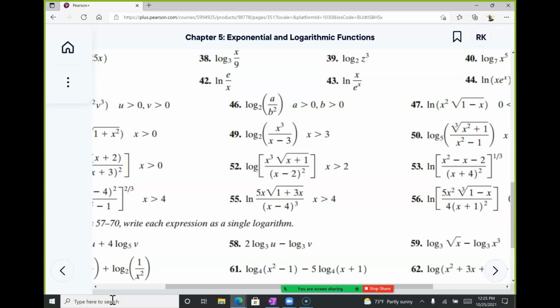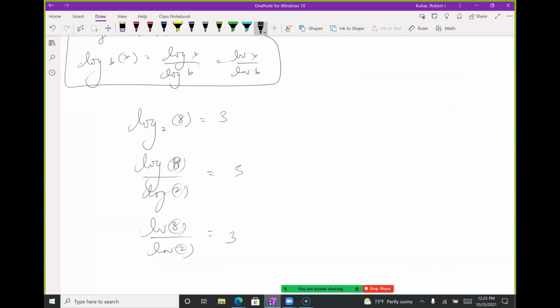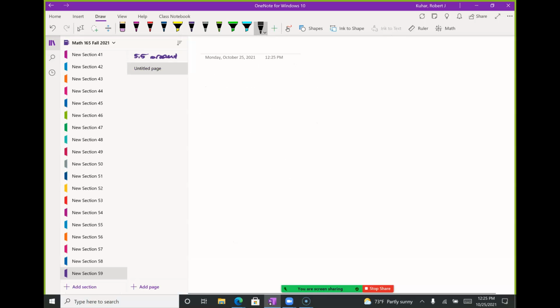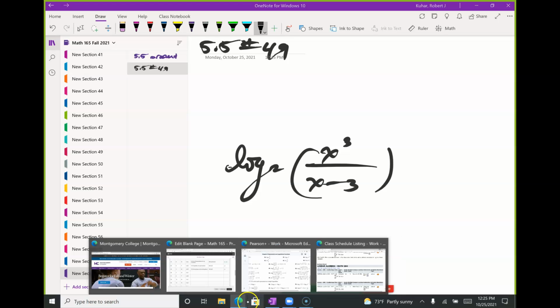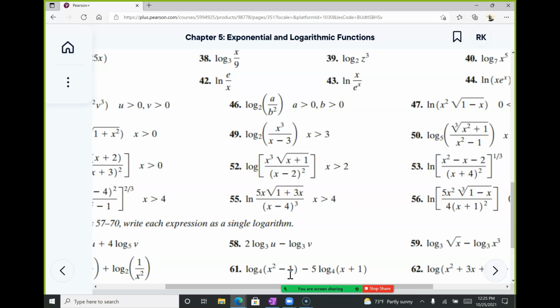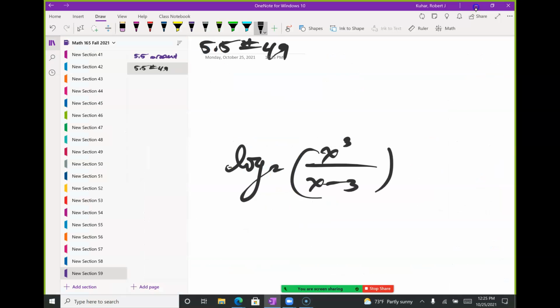So log base 2 of x cubed all over x minus 3. I want to expand this, right? This is 5.5, number 49. I've got log base 2 of x cubed over x minus 3. I see that I'm dividing in the argument, so I'm going to turn that into 2 logs, which I'm subtracting.